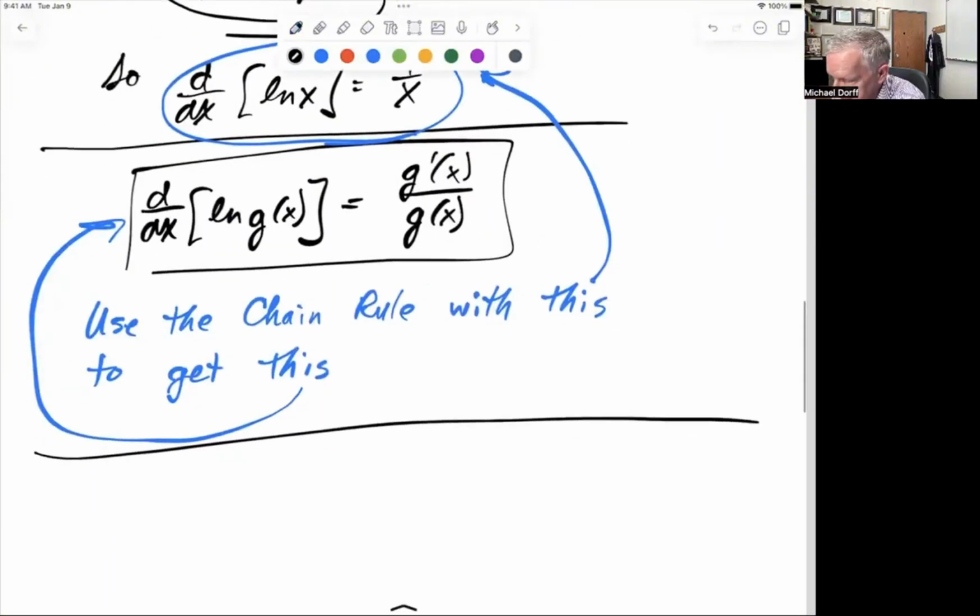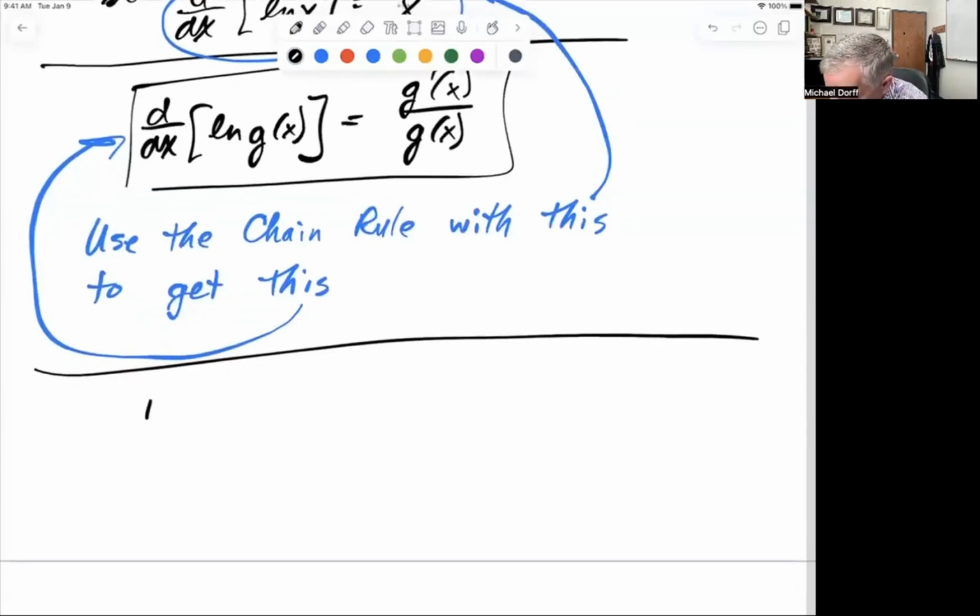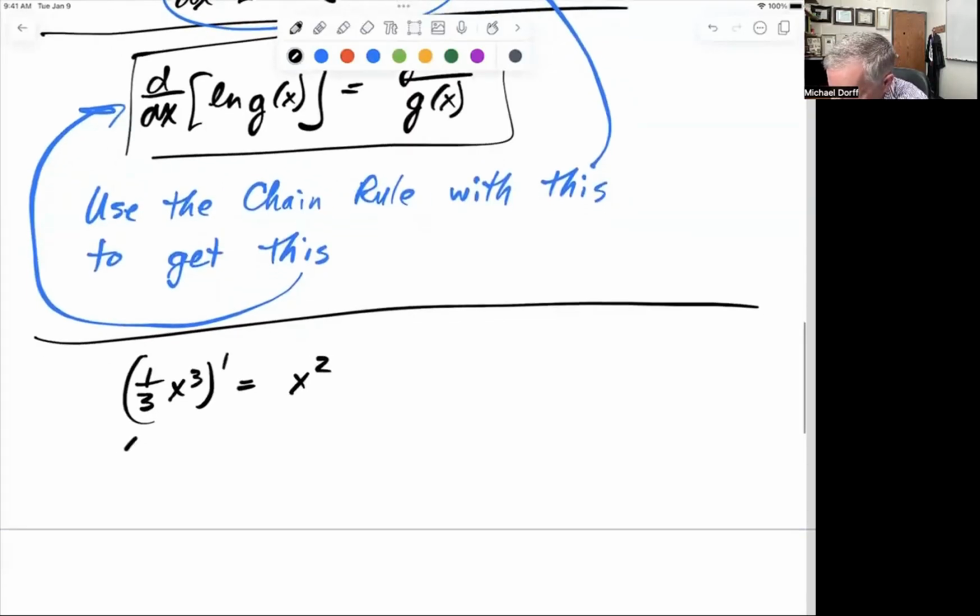And one of the things that's really nice about this is it's very satisfying, because before today we had a gap in some of our derivative patterns. So let me show you a pattern here. If I had 1/3 x cubed and I took its derivative, that would be x squared. And if I did 1/2 x squared and took its derivative, I get x to the first.